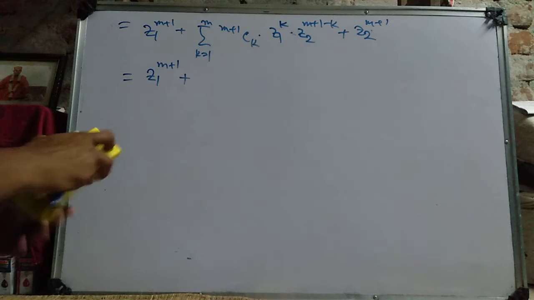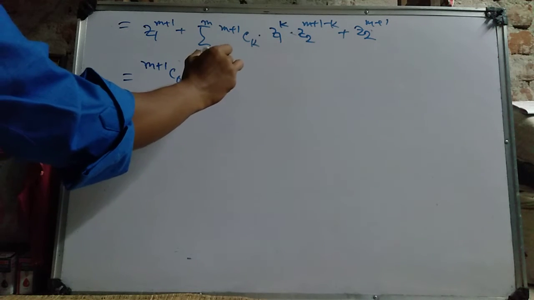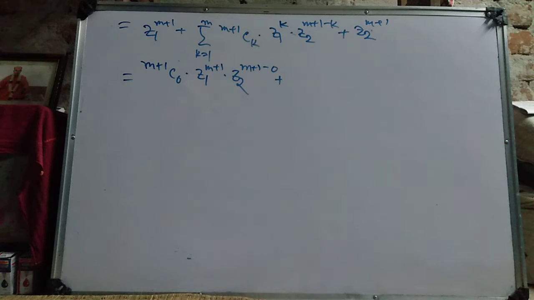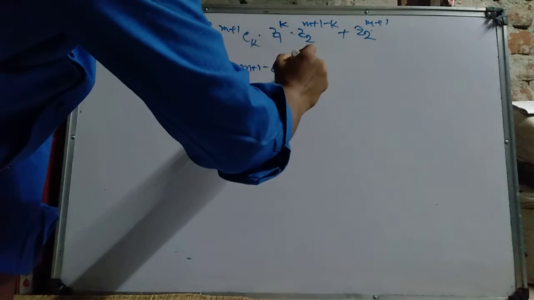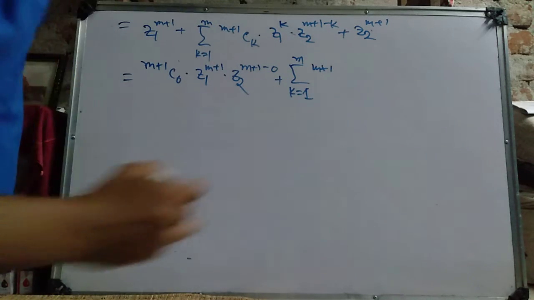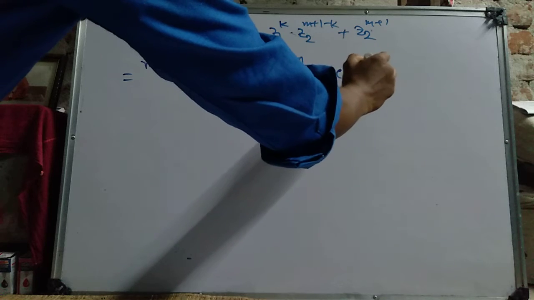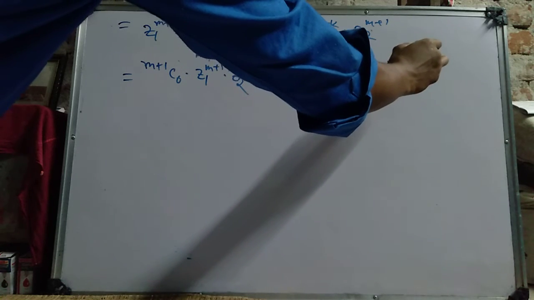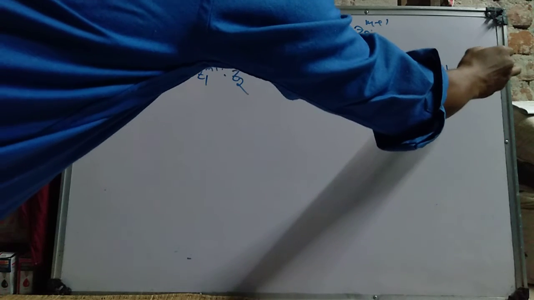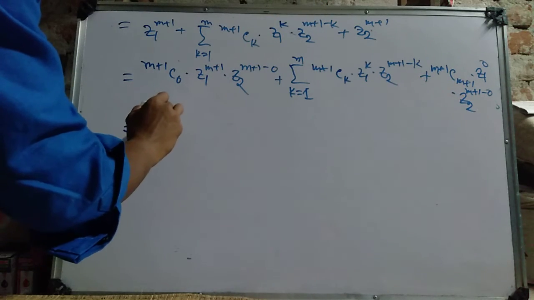We write m plus 1 C0 z1 to the power m plus 1 z2 to the power m plus 1 minus 0, plus summation k equal to 1 to m, m plus 1 Ck z1 to the power k and z2 to the power m plus 1 minus k, plus m plus 1 C(m plus 1) z1 to the power 0 z2 to the power m plus 1 minus (m plus 1).